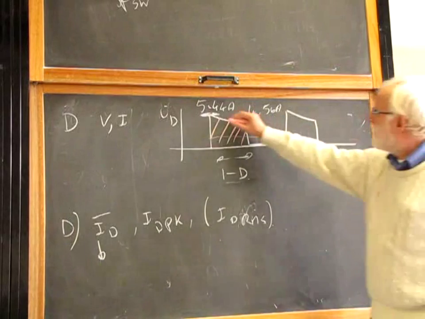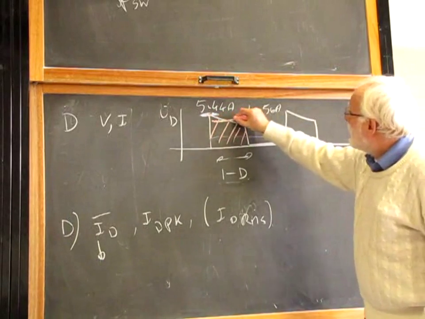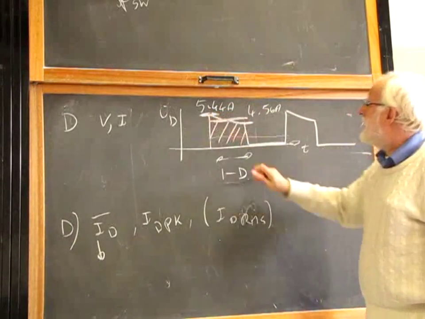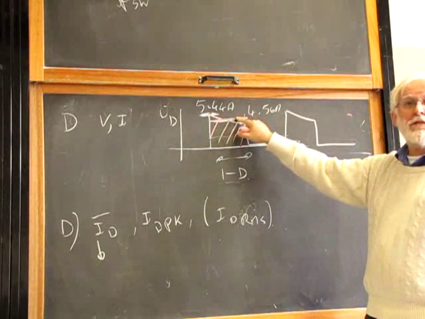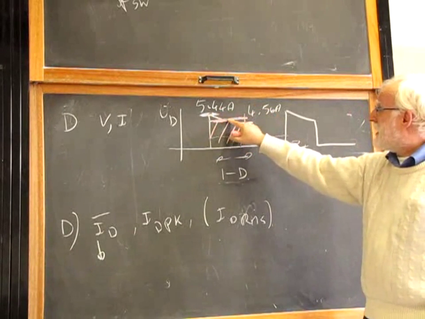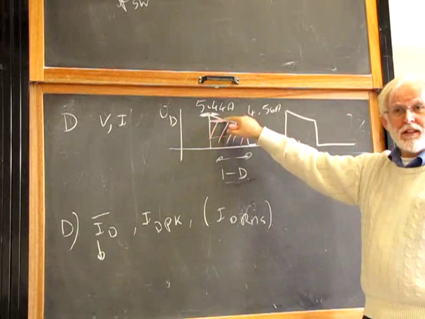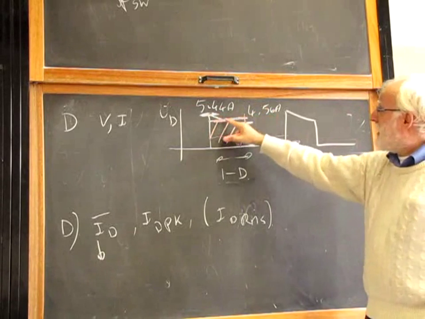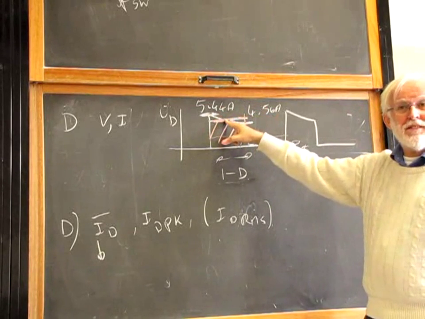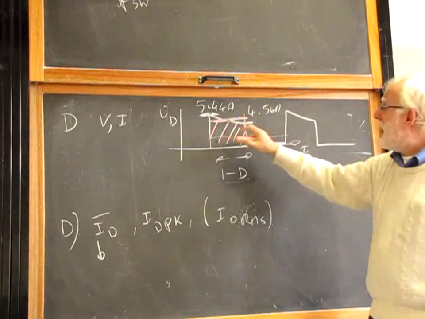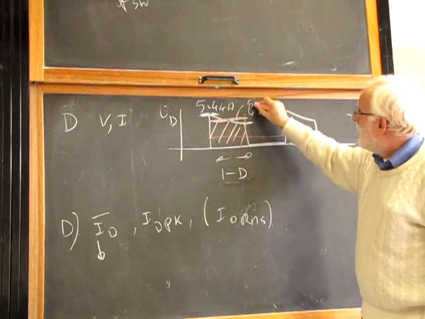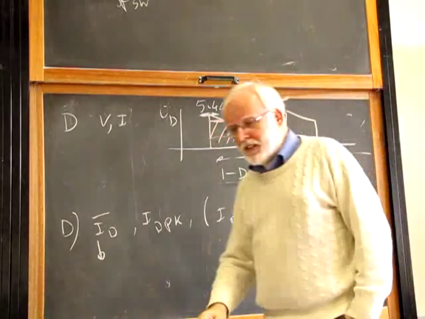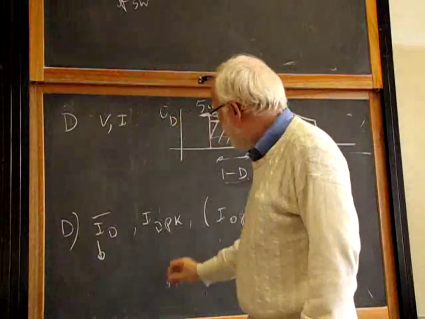We can say that the trapezoidal area is equal to the area of a rectangle that has a height of the average between the 2 points. And this current is 5 amps. I know. So ID average is just equal to 5 amps.